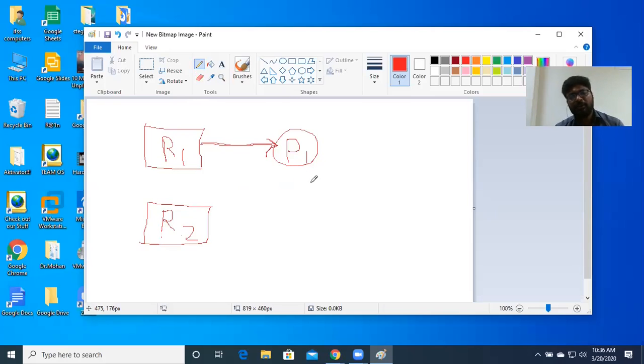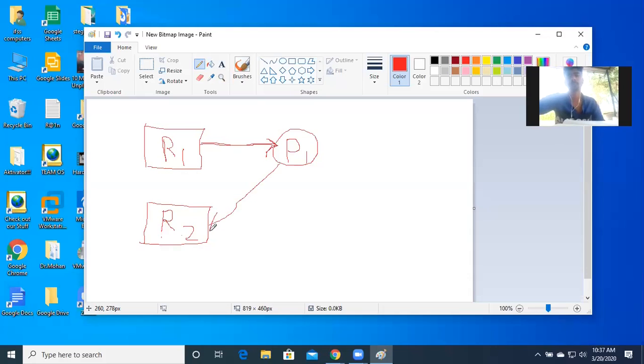Now this process P1 already got resource R1, right? Already this resource R1 is assigned to this P1. Now P1 already has the printer. Now P1 needs a webcam also. So P1 needs to give a request for R2. So here we have to give a request edge. The request edge should be like this, this arrow mark.